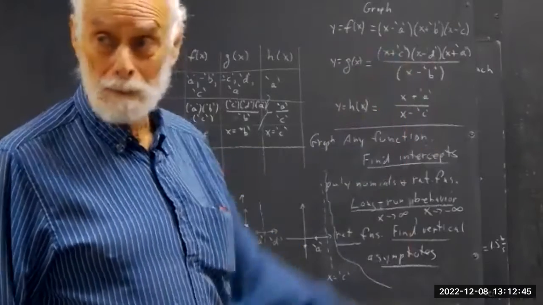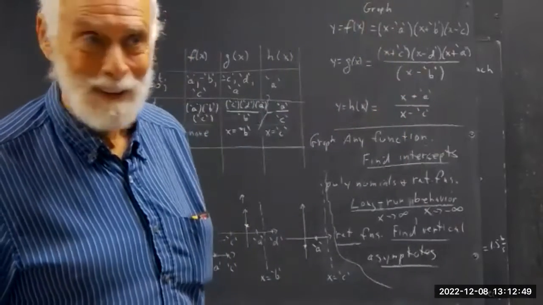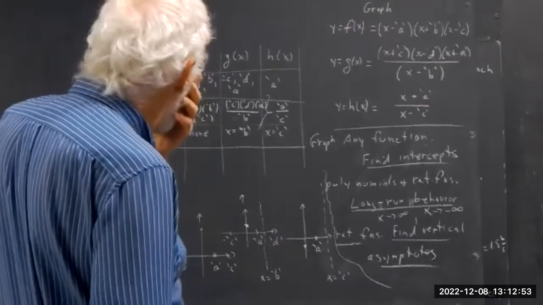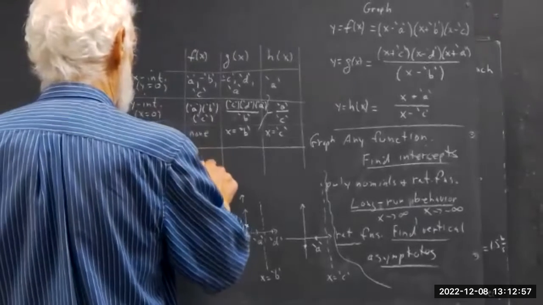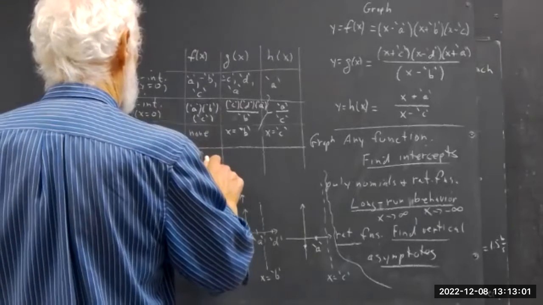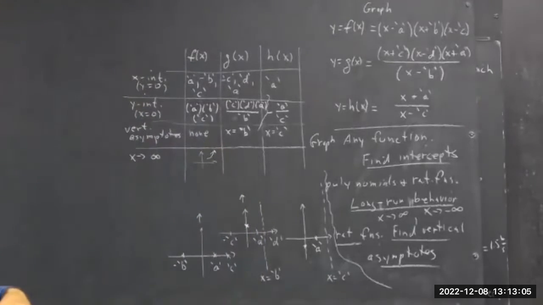Okay, almost a billion. Now that is out of the atmosphere. So what you can do is just say, okay, as x goes to infinity, the thing is going to go way up.